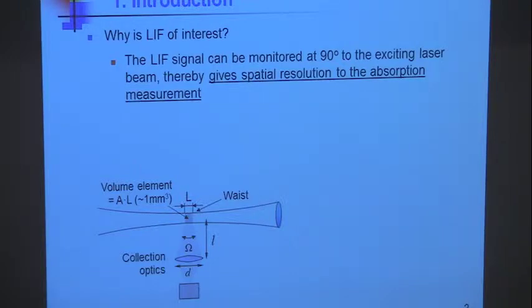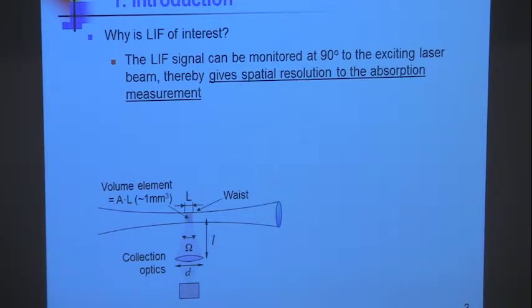Now, what's the issue? Of course, the smaller you make this, the smaller the number of molecules that are emitting, for a given laser power. Therefore, your signal will go to 0 in the limit that this goes to 0. This spontaneous emission actually goes into 4 pi steradians, goes into all angles.